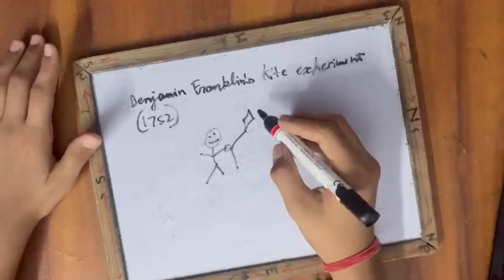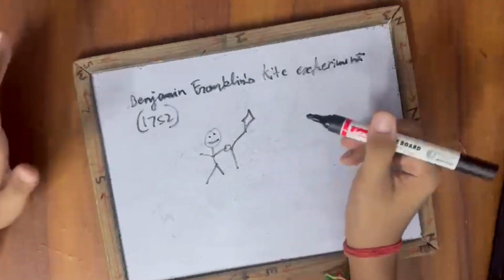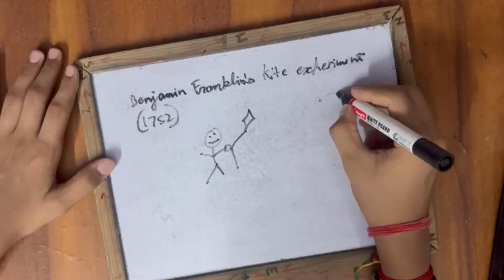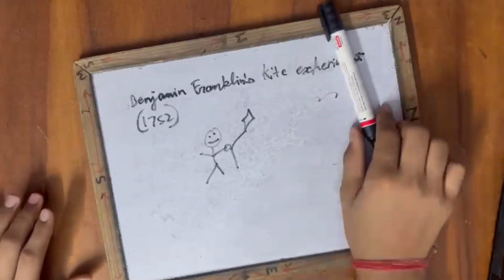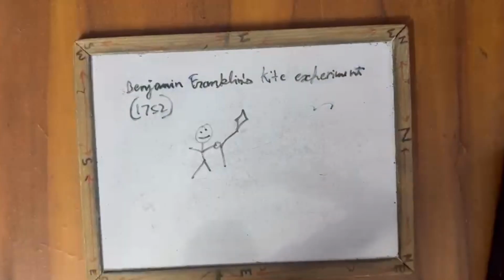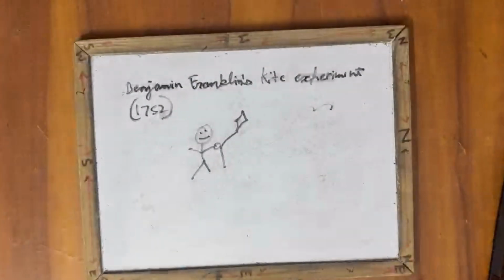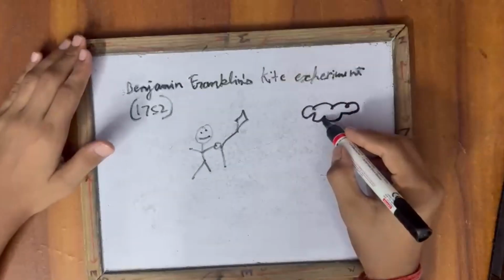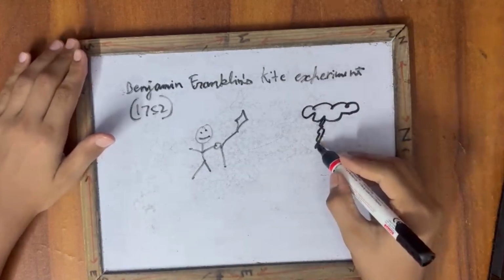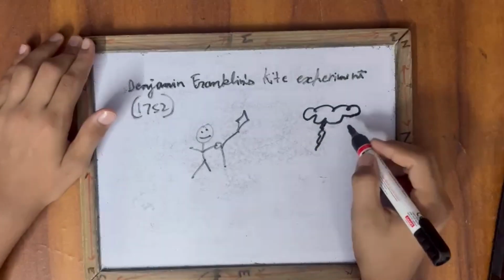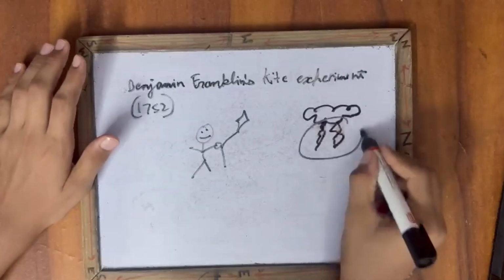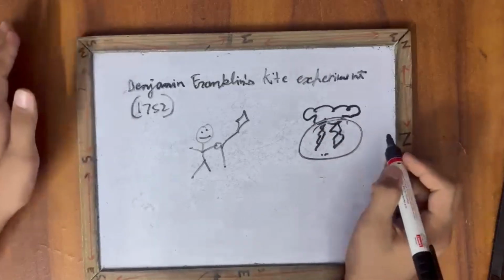He wanted to prove that lightning, the kind which comes in thunderstorms, is a form of electricity.